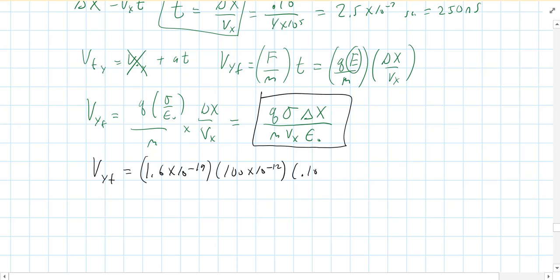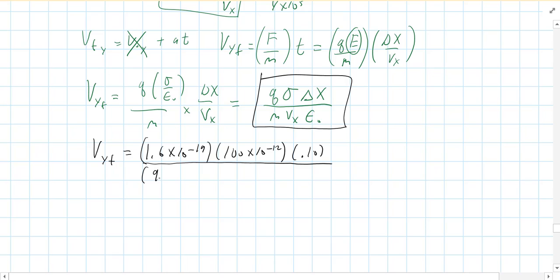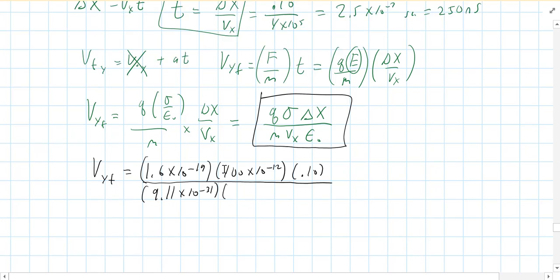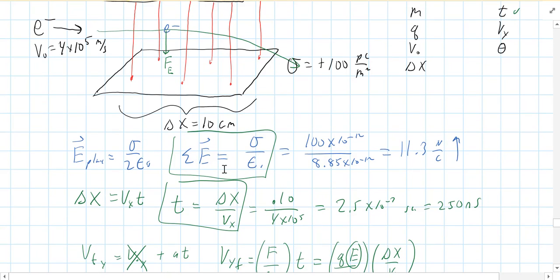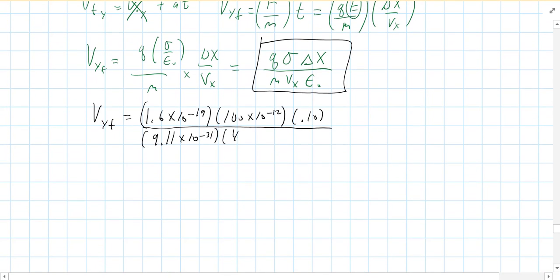Delta x is 0.10 meters. The mass of an electron is not one I would expect you to memorize, but if you looked it up, it's 9.11 times 10 to the negative 31st kilograms, very tiny. Vx was the original velocity, which was 4 times 10 to the fifth. And then epsilon naught is a constant.